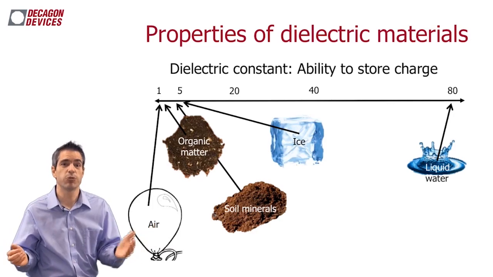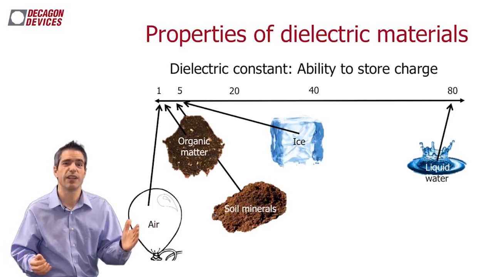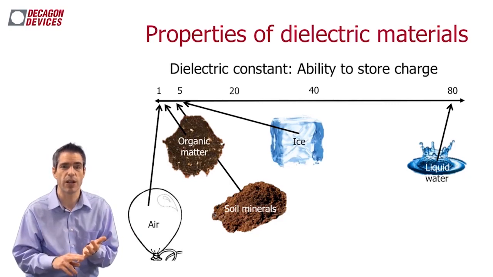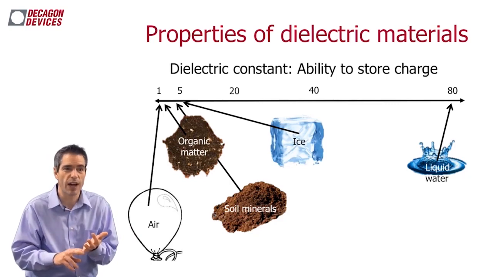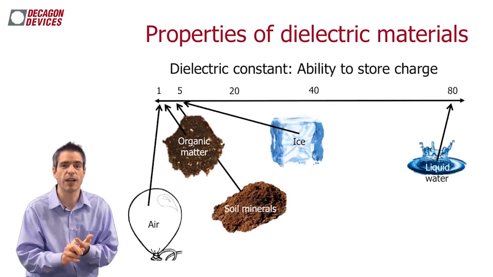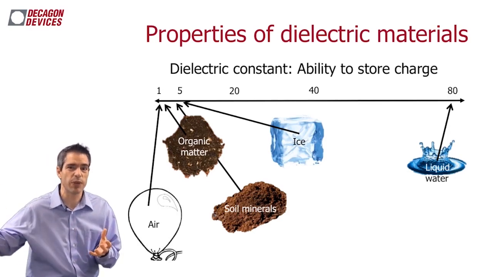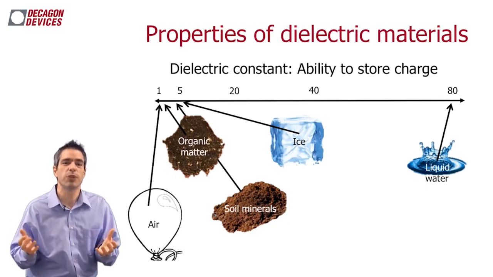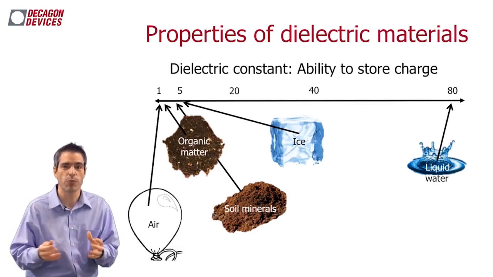From air, which was arbitrarily set to have a dielectric permittivity or a charge storing ability of 1, and then several other things that we might consider in nature, like organic matter, which is about 1 to 5, soil minerals, 2 to 5, ice is about 5, and then you look across the spectrum and see that water has a very interesting ability to store charge because it's a polar molecule.